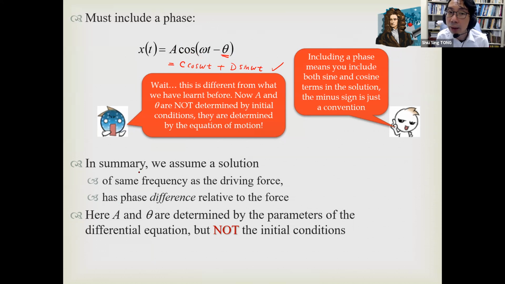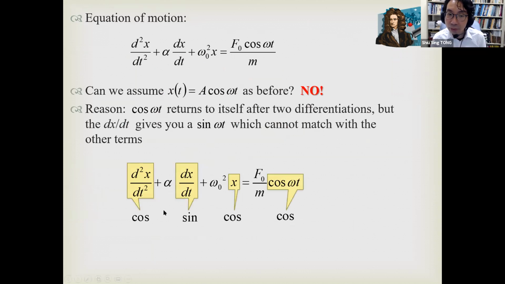Okay, so writing a phase like this will be equivalent to adding the cosine term and the sine term together. So now you have both terms present in the solution.